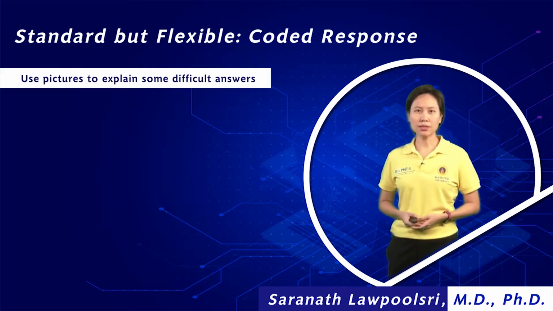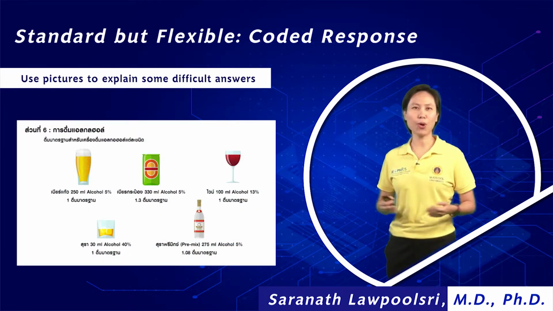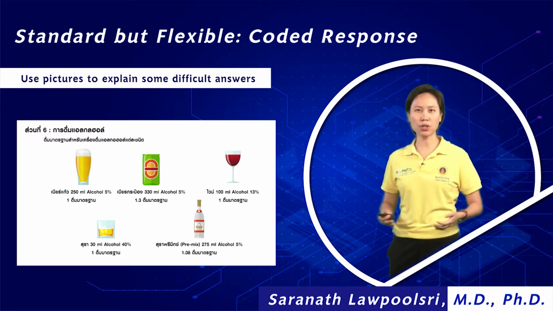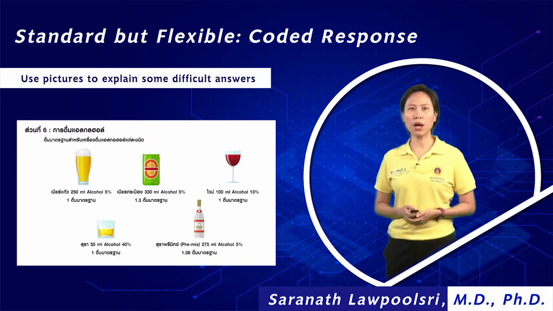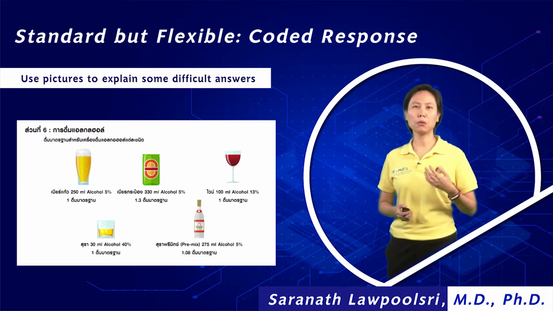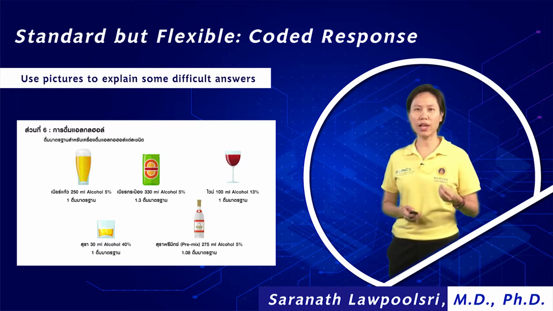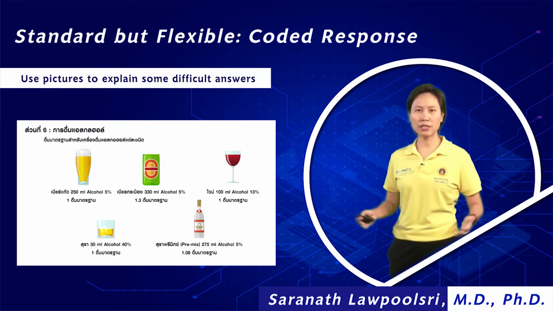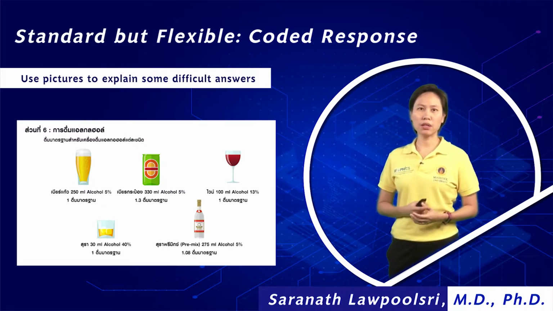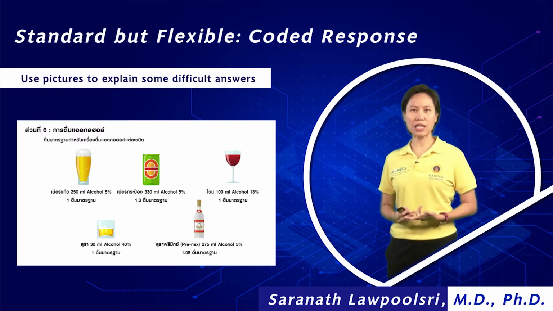Sometimes you can make the CRF more creative. You can put pictures. For example, in this example, we asked about alcohol drinking, and we want to estimate or evaluate the amount of alcohol drinking. There are many kinds of alcohol: beer, wine, whiskey.